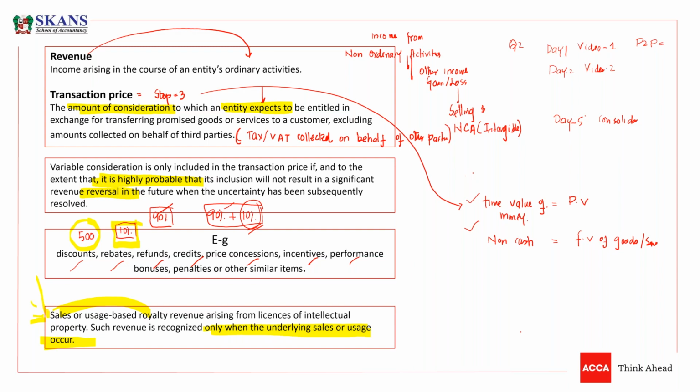I will wait until year end and see how many units they have sold. If they have sold 20 units, then I will book revenue on those 20 units, the royalty income that I'm going to receive on them. So the usage-based or sales-based royalty is going to be income when that thing happens. Otherwise, we are not going to book the revenue.